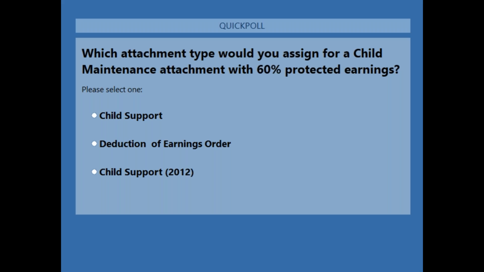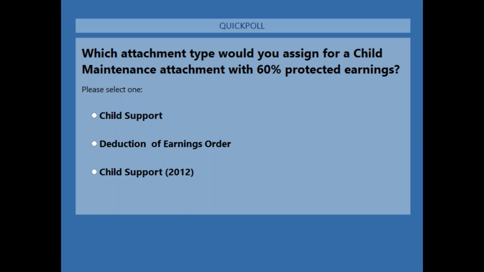That's reference 2 in the pay element settings. Would you choose deduction of earnings order, which I think is reference 3? Or would you choose child support 2012, which is reference 14? So which attachment type would you assign for a child maintenance attachment with a 60% protected earnings proportion?